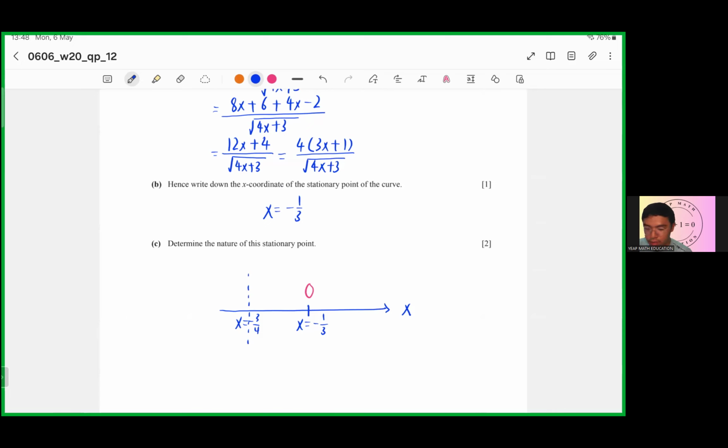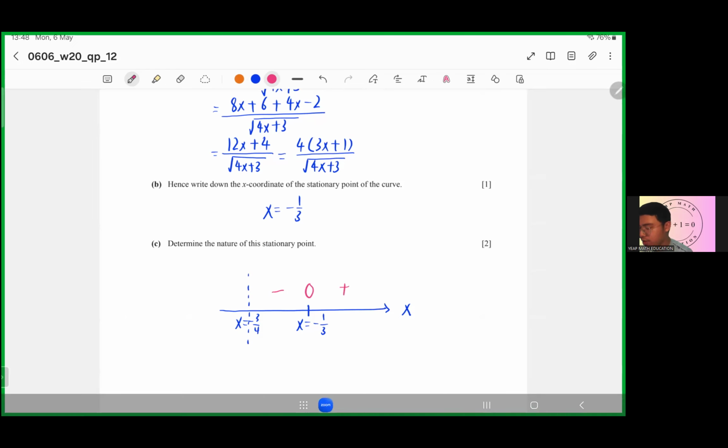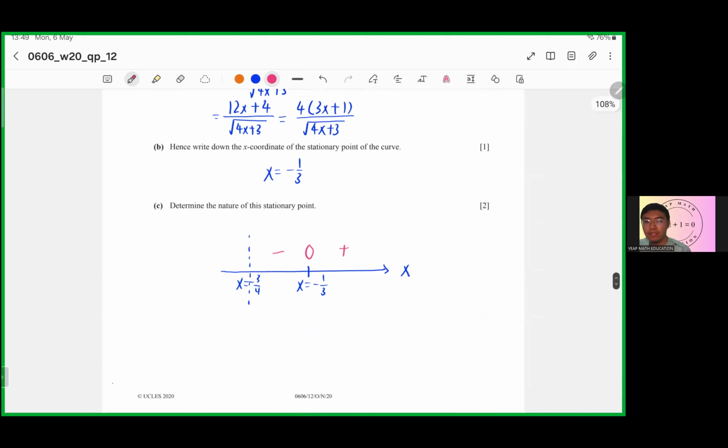Here we will get negative, and here we will get positive. So you will see negative, 0, and positive, right? So this will be a minimum point.